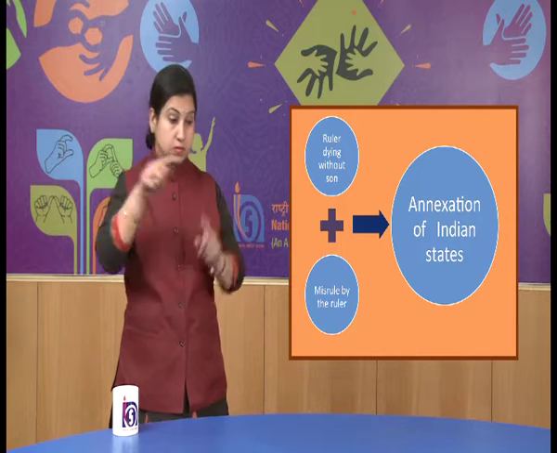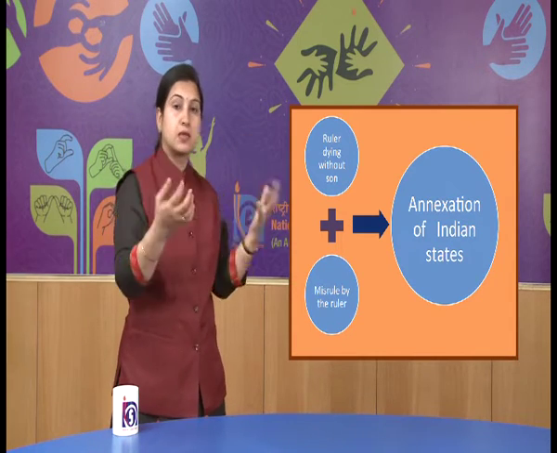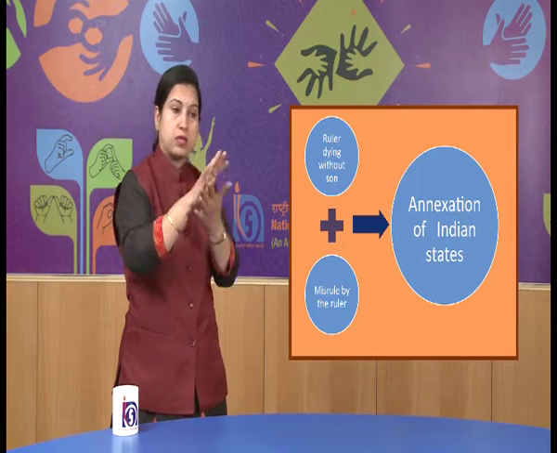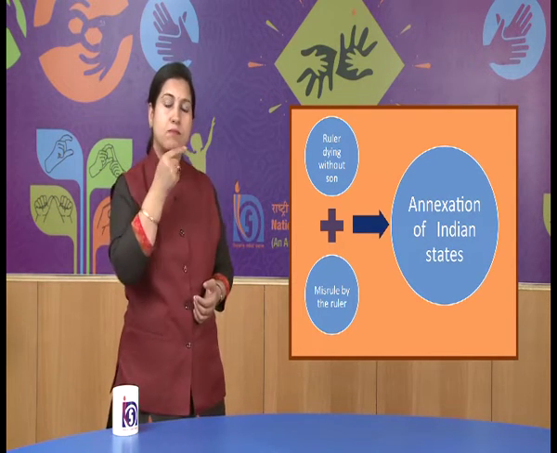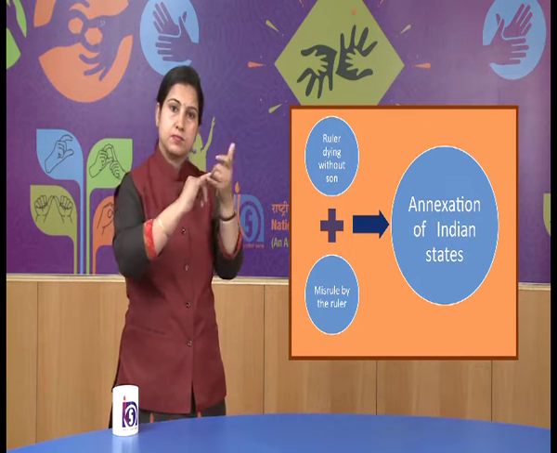The British occupied the state of Awadh, Oudh, saying that its ruler, Wazid Ali Shah, was an incompetent ruler.